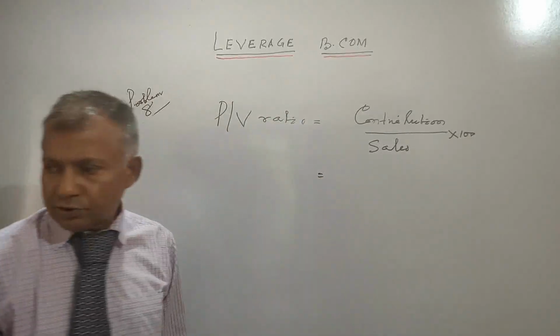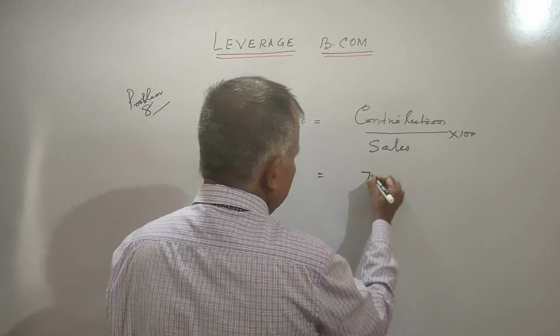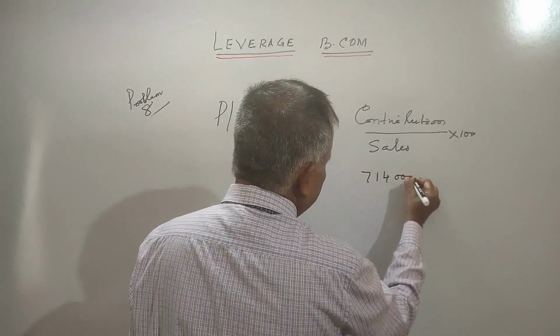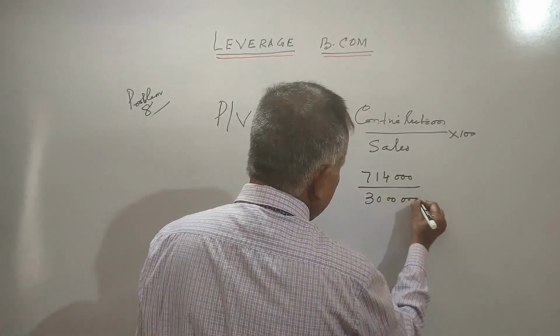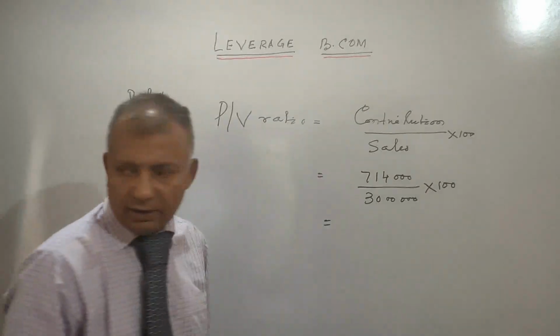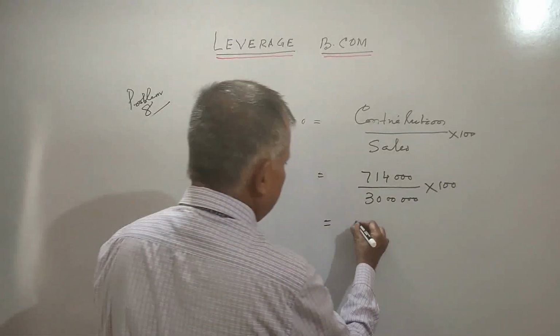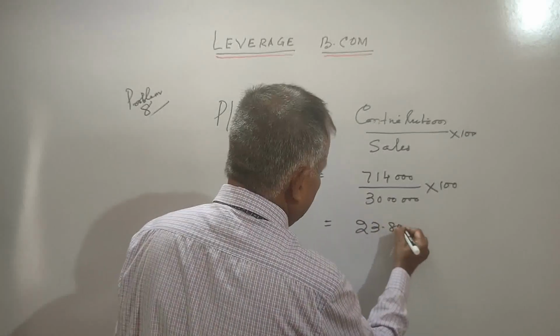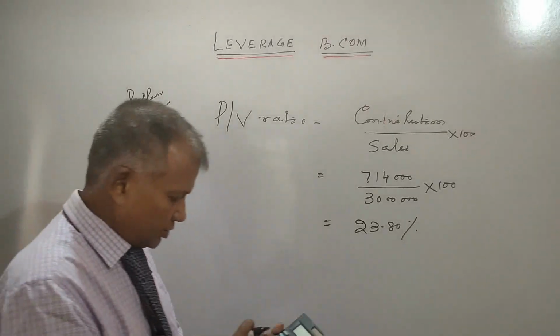The contribution as given, we found out, is 7,14,000, sales is 30 lakhs, this has been given to you, and multiplied by 100, this will give you 23.80%. Let us check it.